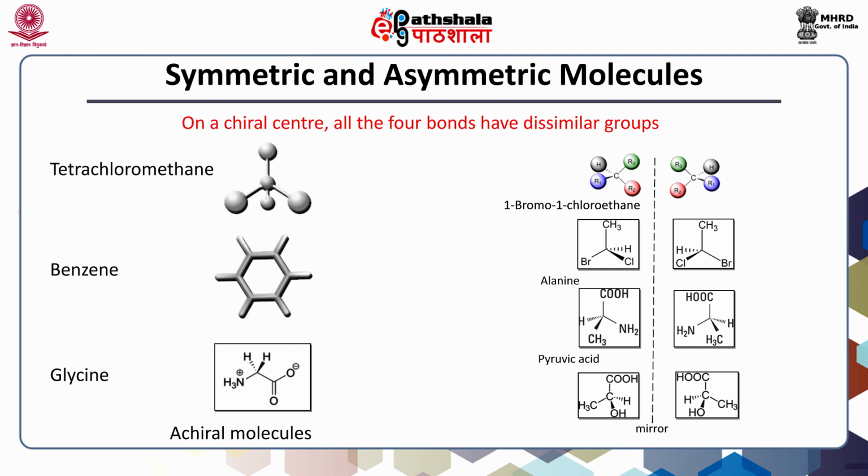All the objects or molecules shown on the right side are asymmetric and have a chiral center. In 1-bromo-1-chloroethane, all the four groups around the central carbon are dissimilar, and hence the mirror image cannot be superimposed over the original molecule. Therefore, this carbon is a chiral center.